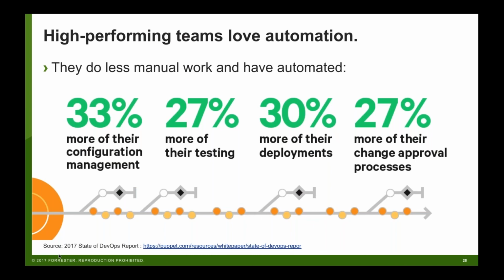One of the things is that high-performing teams love automation. I believe if you want to be high-performing, you've got to really understand what automation is, how to leverage automation, how to push automation through the life cycle. And if you do this, the first value point is you get time back.